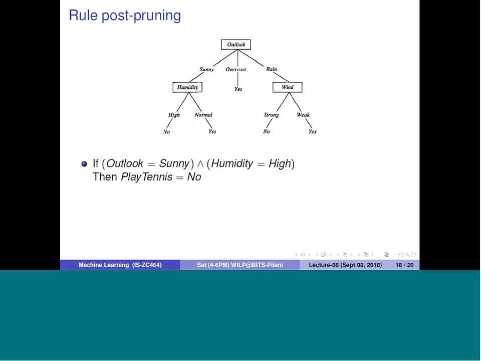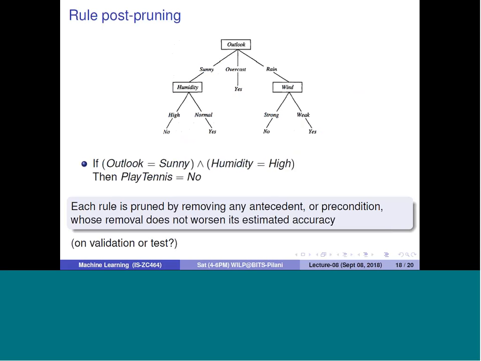So for example, this is the tree. You write out these kinds of expressions: outlook is equal to sunny and humidity is equal to high, then play tennis is equal to no. Then each rule is pruned by removing any antecedent, or precondition. Sometimes humidity is high may not be required, but that depends upon your validation test.